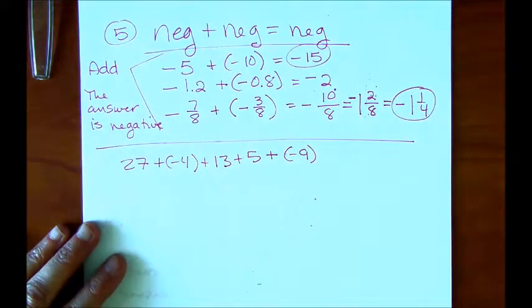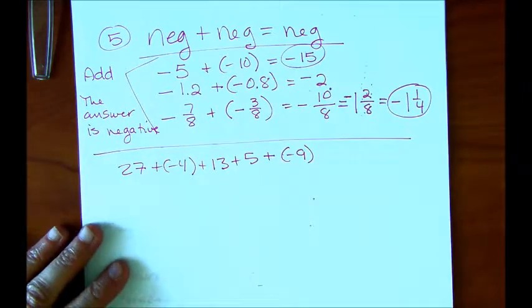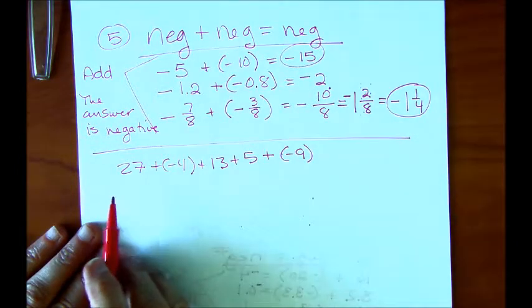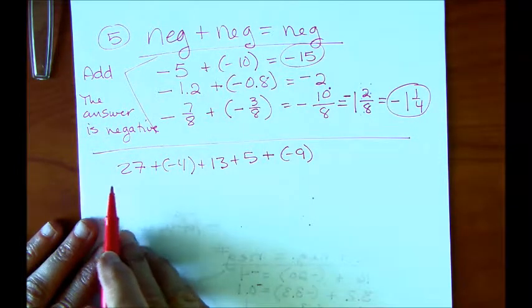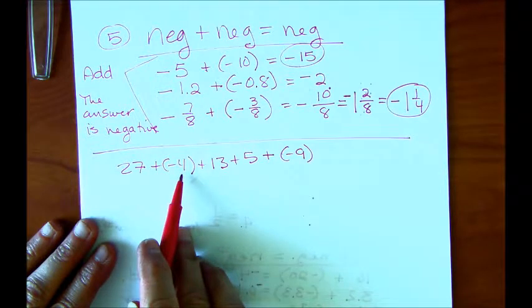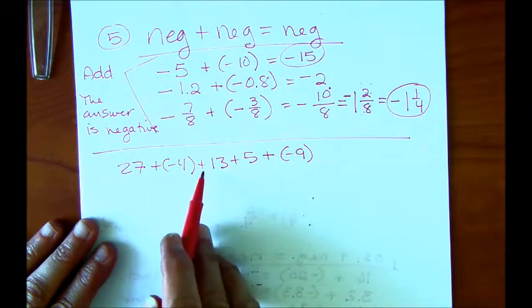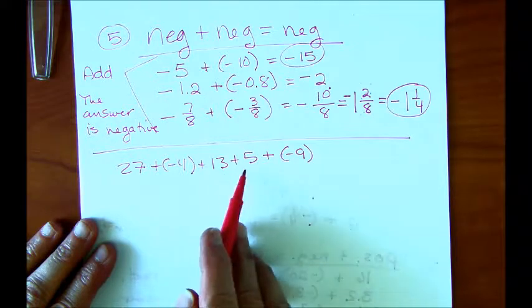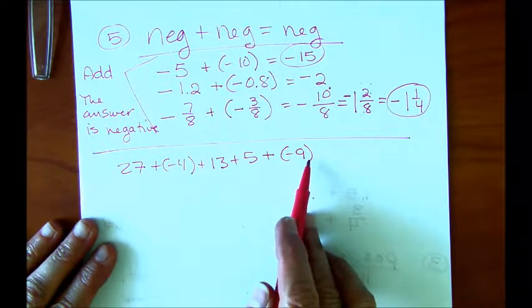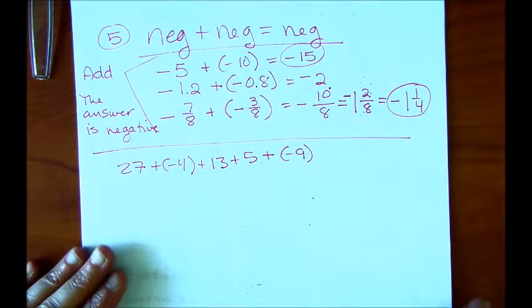Like I said earlier, you could just do order of operations, and that's basically when you've got add and subtract, you just go from left to right. So you would go 27 plus a negative 4, figure that out, then add 13, figure that out, then add 5, figure that out, then basically subtract 9, and then you'd come up with your answer.